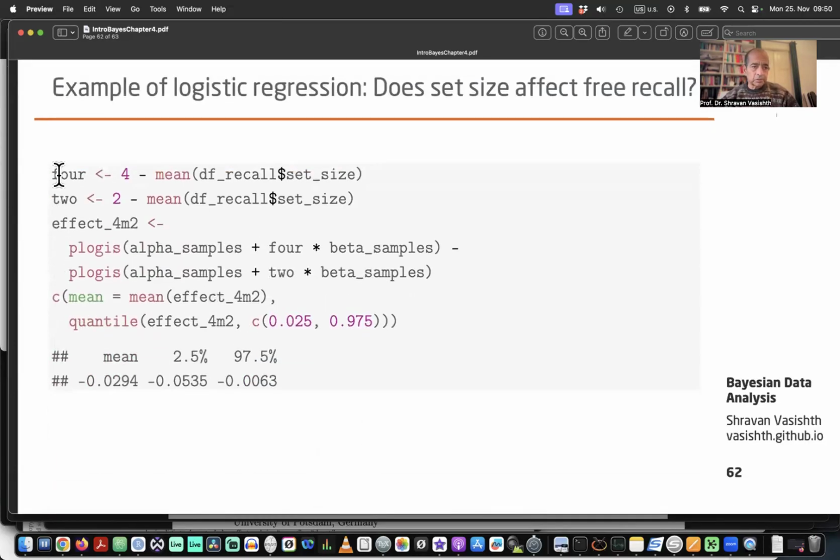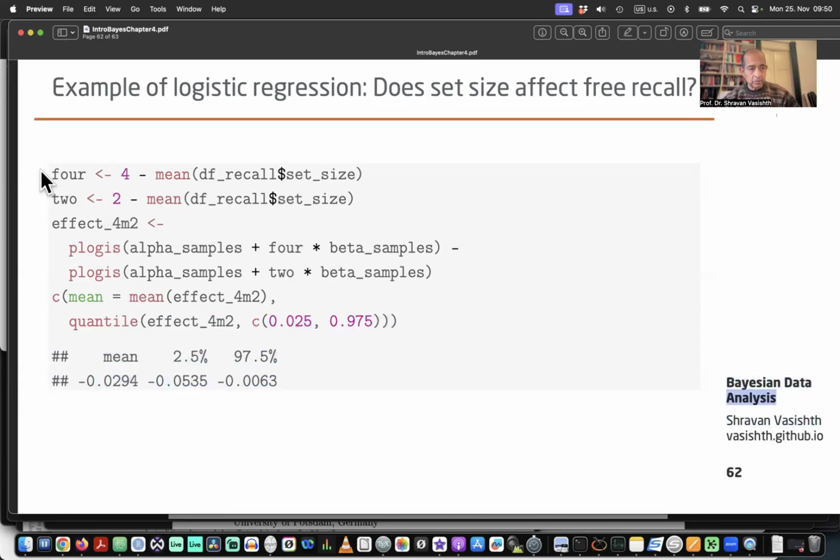Similarly, you can compute for what happens when you go from 4 to 2. When you increase the set size from 2 to 4, your accuracy will go down by, let's say 3%, almost 3% here, right? That's what's happening here. 4 minus 2, right?